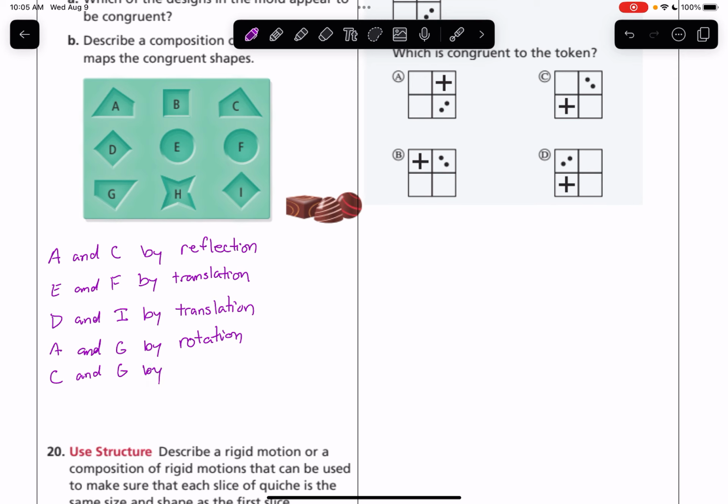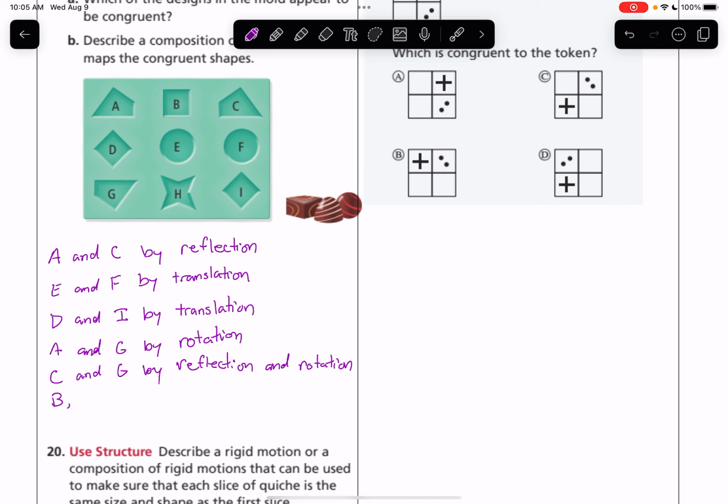And actually, we would need a reflection and a rotation to go from C to G. Reflection and rotation. Then we've got B, D, and I, because B is a square, D and I are both squares that have been rotated.